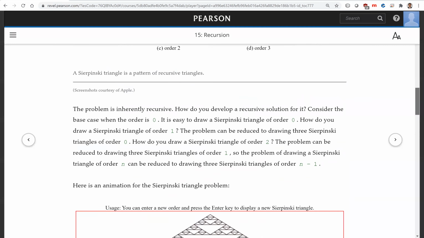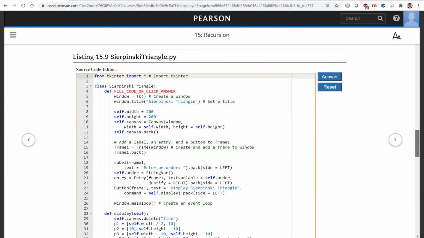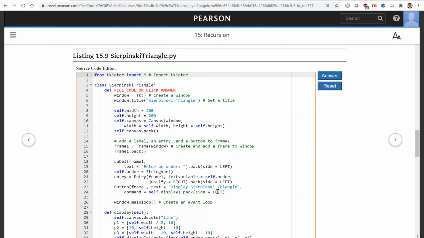Now we are going to write the code. We're going to write the SierpinskiTriangle class. We're going to create the user interface in the init method, with self, creating a window.